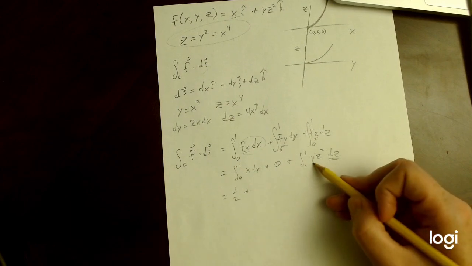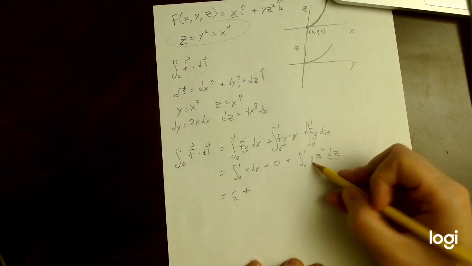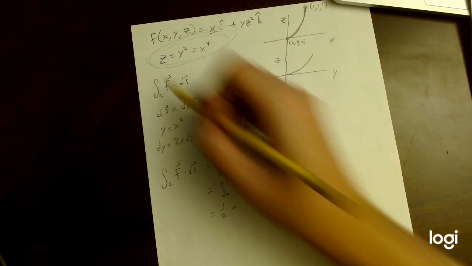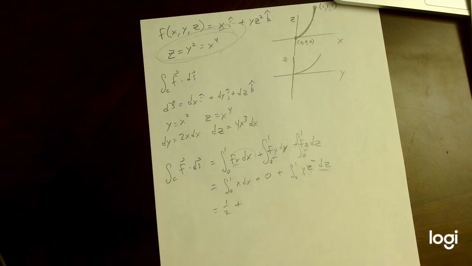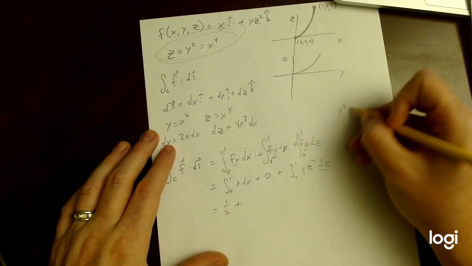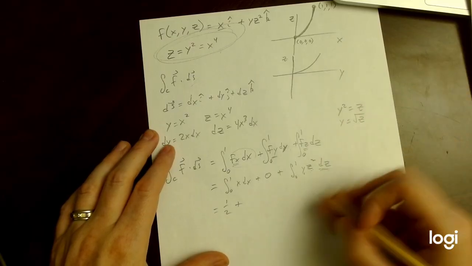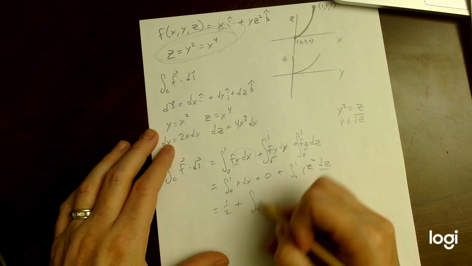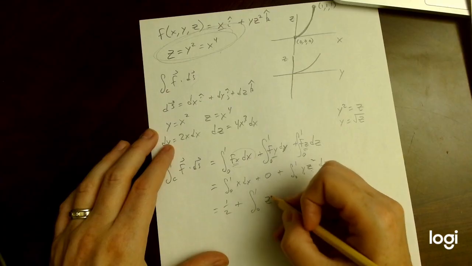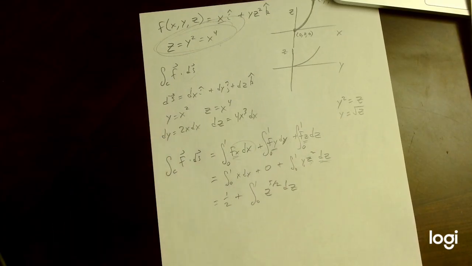So I want to rewrite this y in terms of z, and I know how y varies with z along the path that I'm taking, and it's defined by this functional form that defines the path. And so y squared equals z, so y equals square root of z. So I can plug that in here. From 0 to 1, square root of z times z squared will give me z to the 5/2 power.